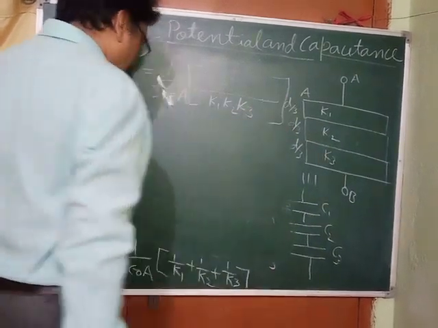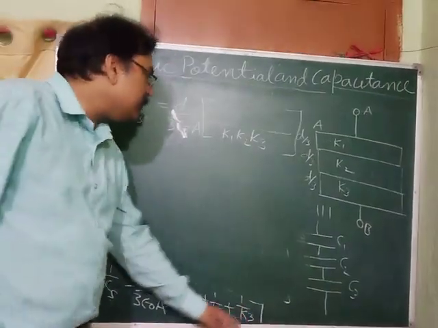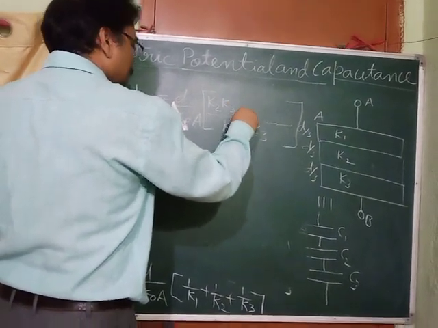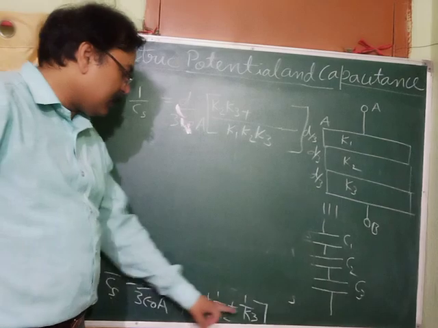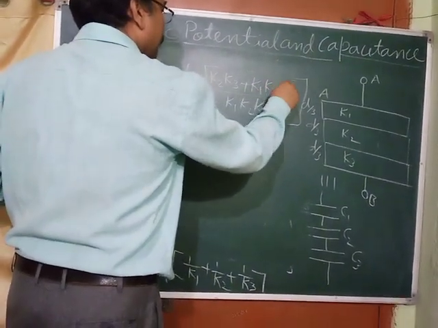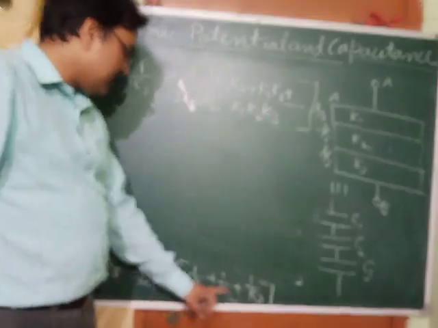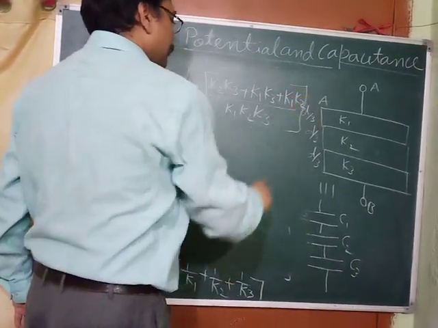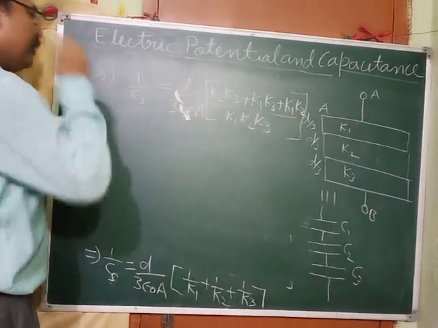Now here what will we get? K2 K3. Here what will we get? K1 K3. Here what will we get? K1 K2. Okay. So now we can invert this.